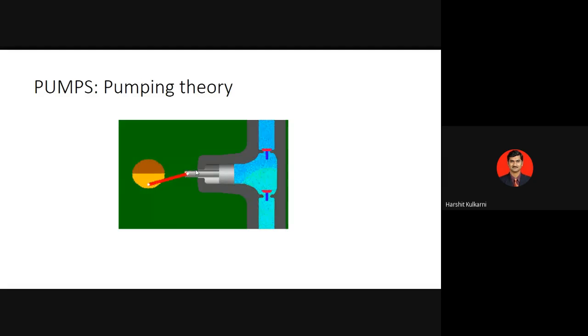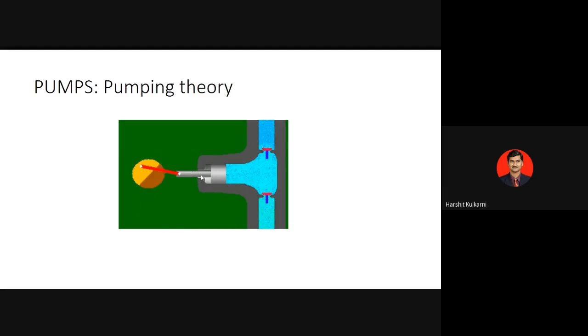During this, this valve will be closed and this valve will open up. So you will suck in the fluid, because as the piston moves to the LHS, there will be suction generated here due to the pressure difference, and the oil is taken inside for half of the revolution. For the remaining half of the revolution, what will happen?